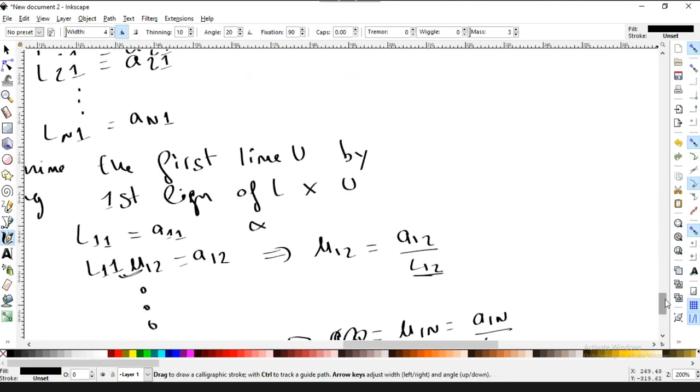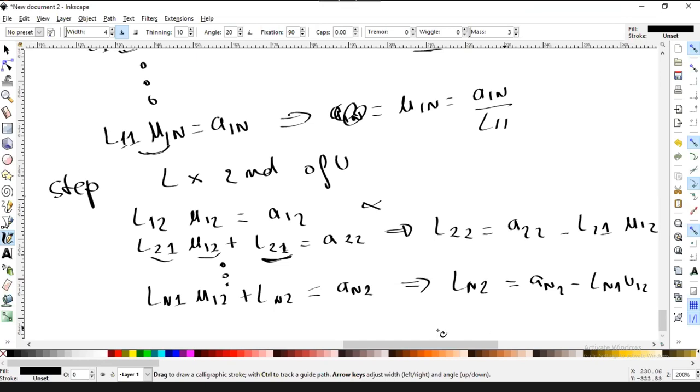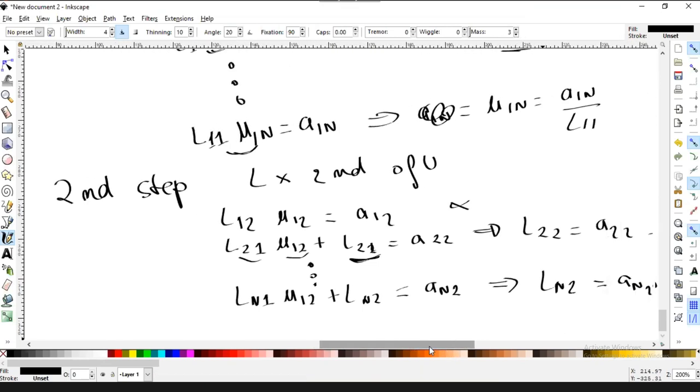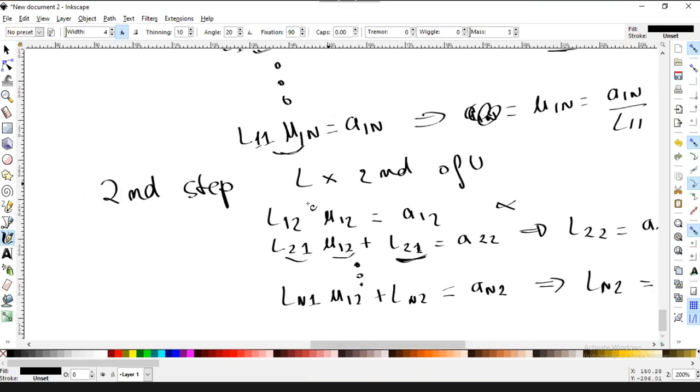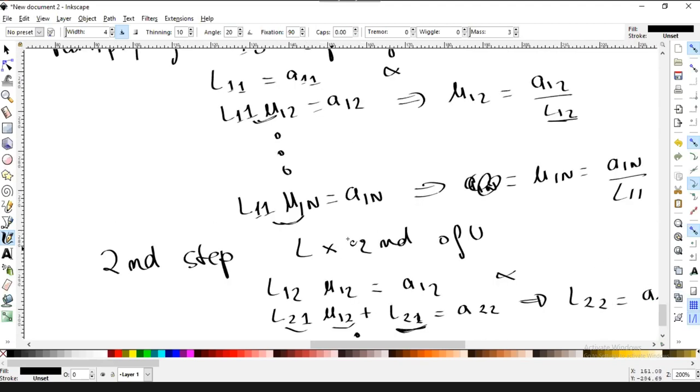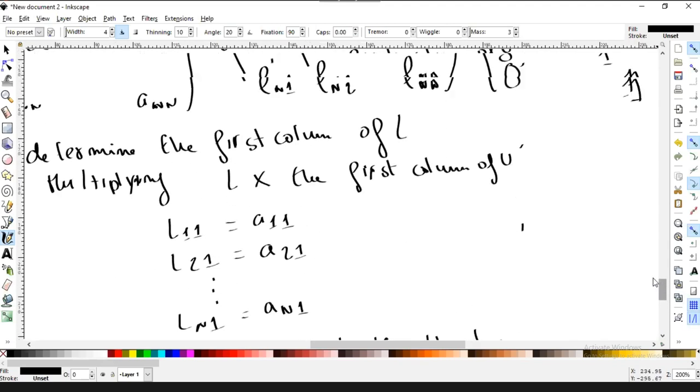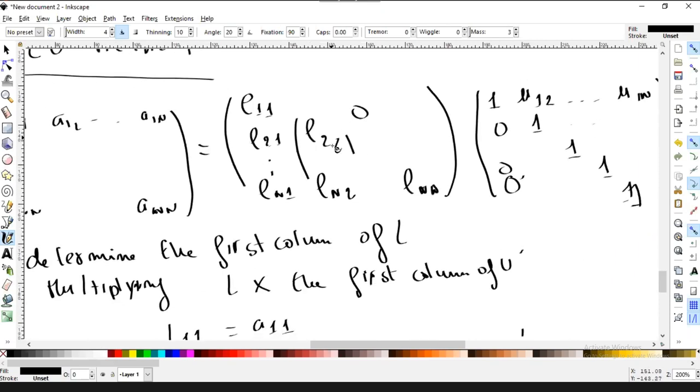Etc. And now I determined all the second column here, L22 till Ln2.